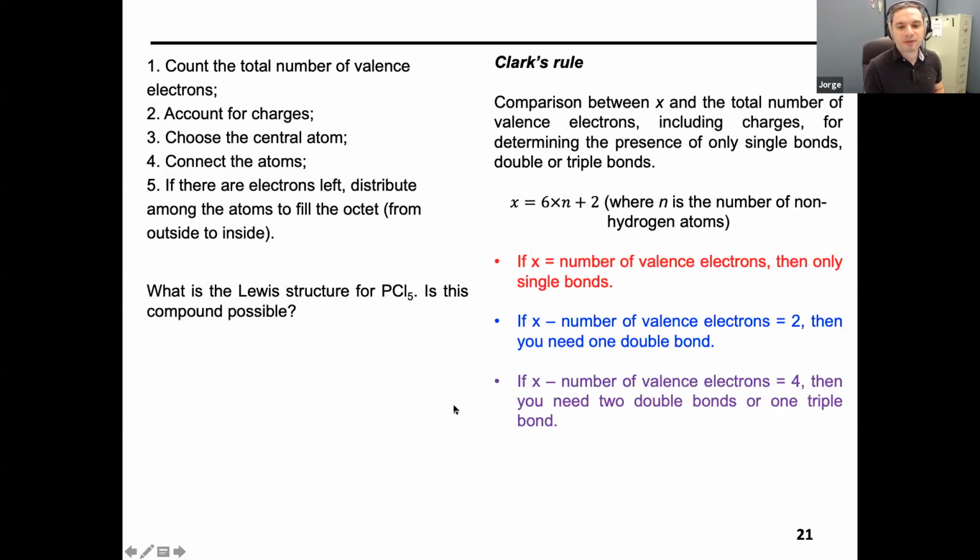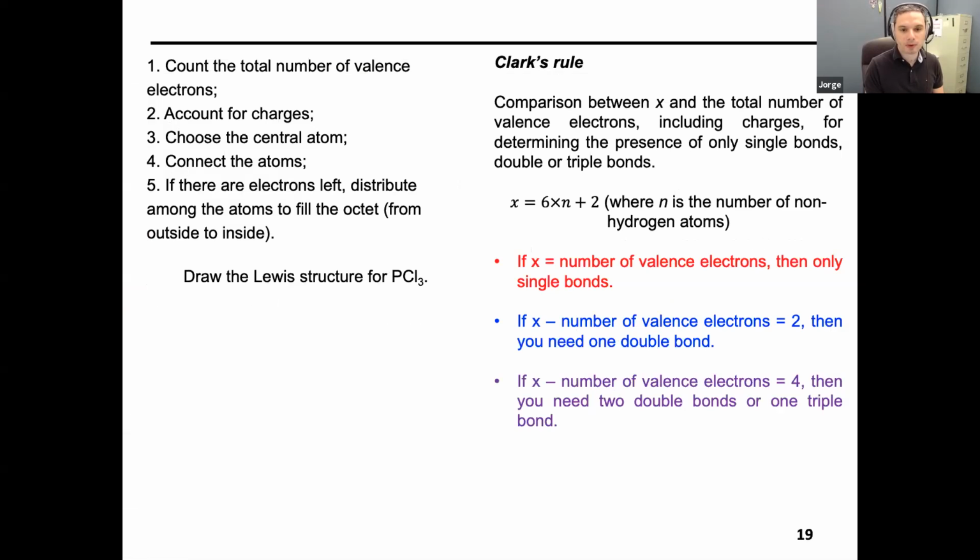Okay, last Friday I showed you how to draw the structure of covalent compounds using the Lewis notation. So always use those steps as your guide. And also you can use Clark's rule to help you make decisions.